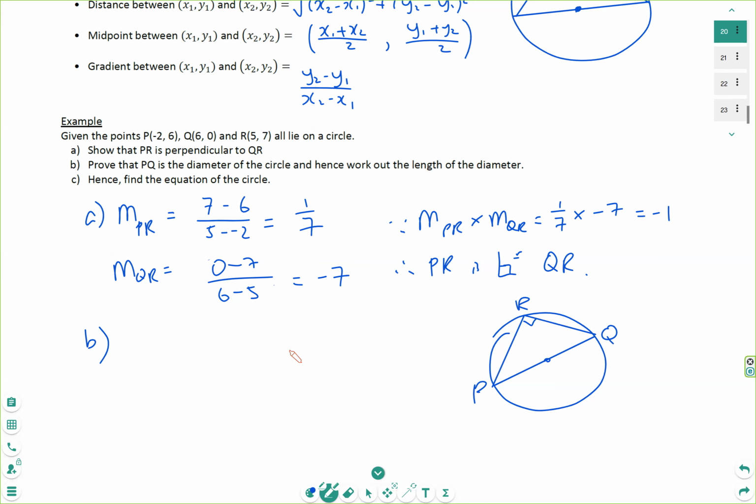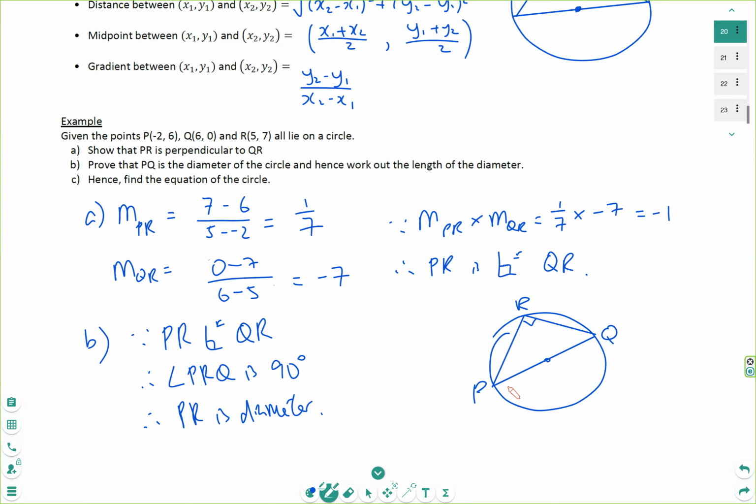So the actual proof is, if PQ is the diameter, then surely this will be a right angle because it's a right-angled triangle. Therefore, because PR is perpendicular to QR, angle PRQ is 90 degrees, and therefore PQ is the diameter.